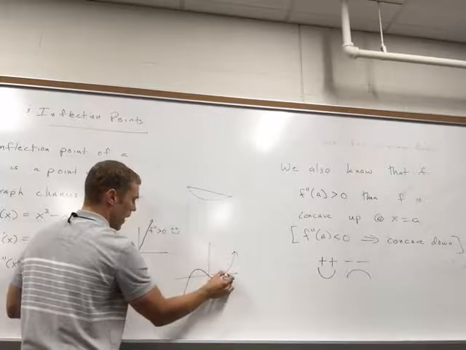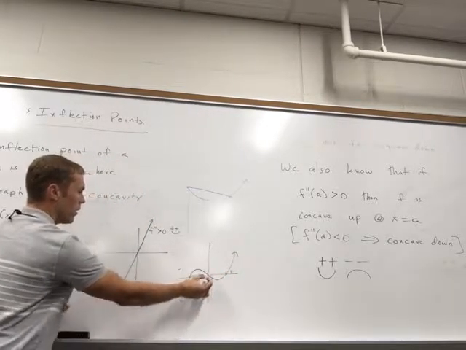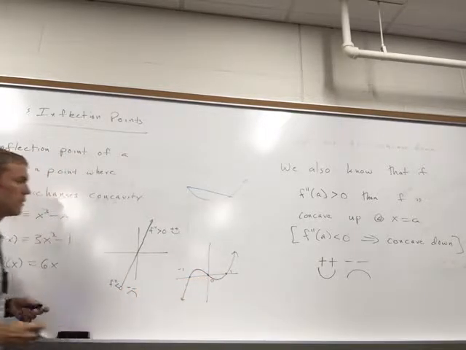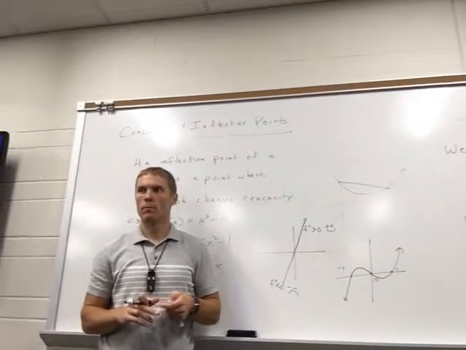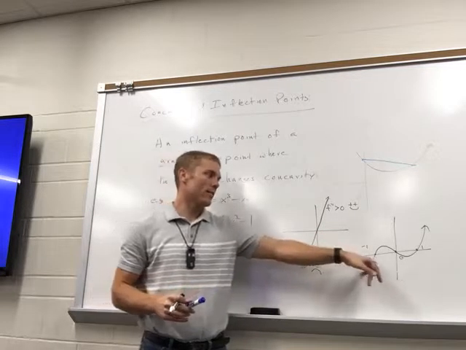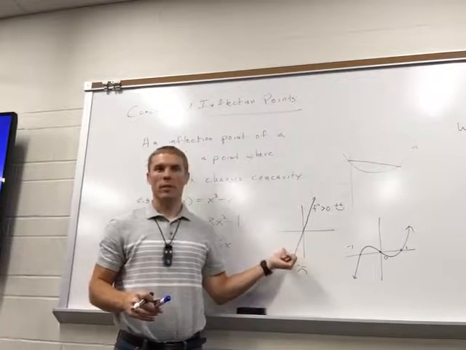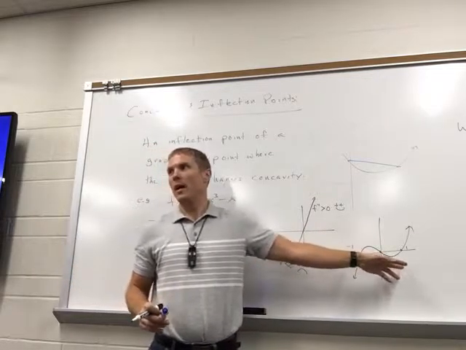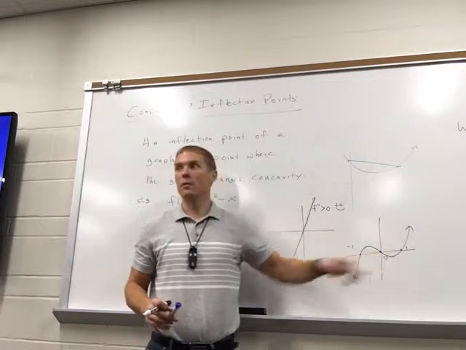Which looks something like that. These are at -1 and 1 and the origin respectively. Again, for x less than 0, to the left of the y-axis, this graph is concave down. Second derivative is negative. To the right, concave up. Second derivative is positive. Questions?